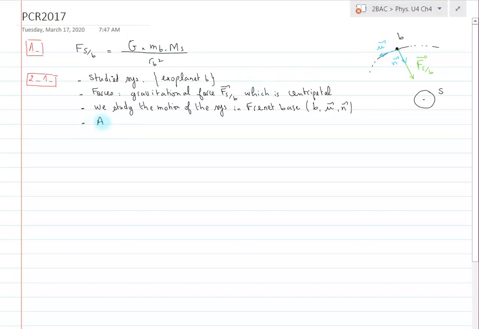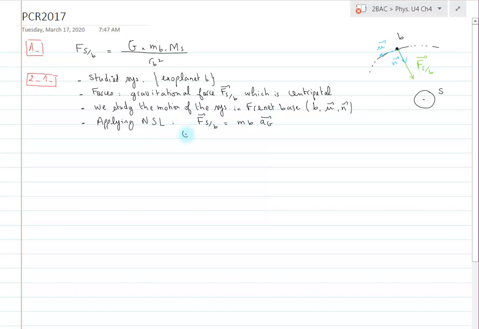So applying Newton's second law, as I know, the force F_S/B is equal to m_B, the mass of the exoplanet, times a_G, the acceleration of its center of inertia.